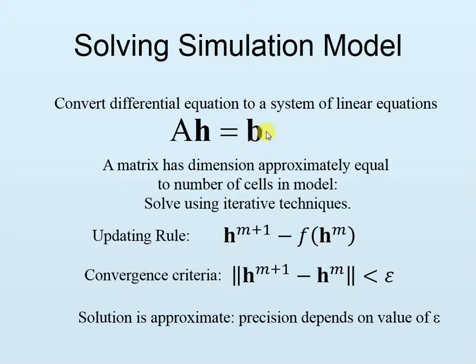Typically the stresses show up in the right-hand side. The coefficient matrix, in the simplest case, is not a function of head, and we arrive at a linear system of equations. In other situations, the coefficient matrix does depend on head, and that produces some complications.